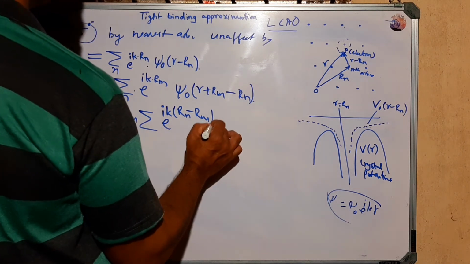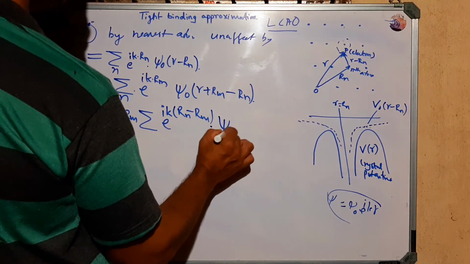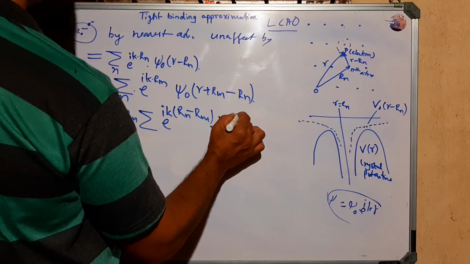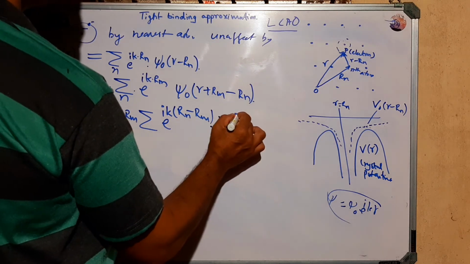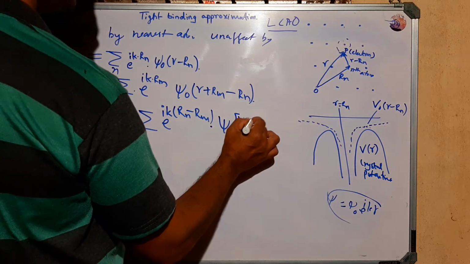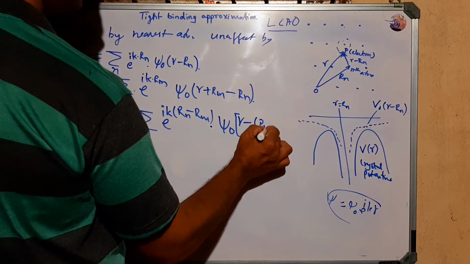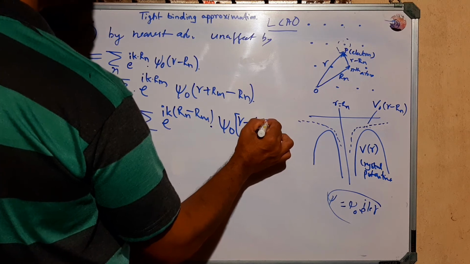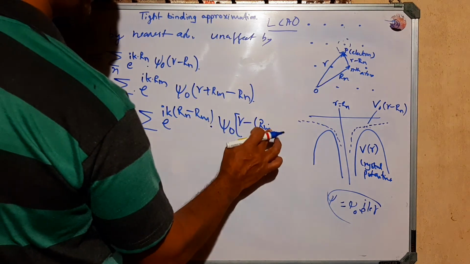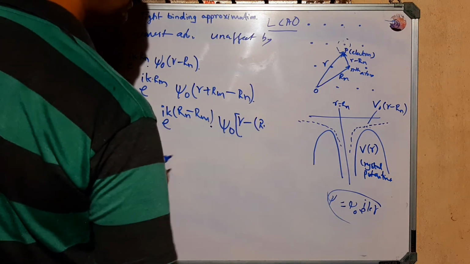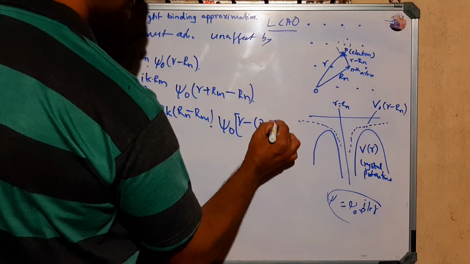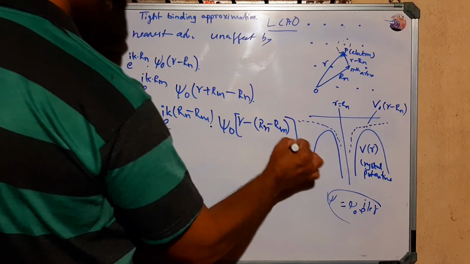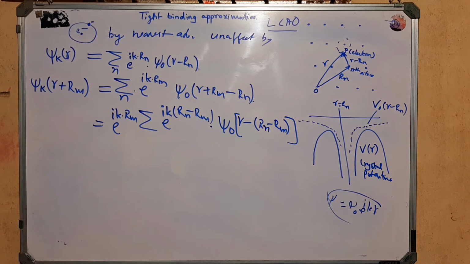So into xi naught of r minus, here it becomes rn minus rm, right? What is this?